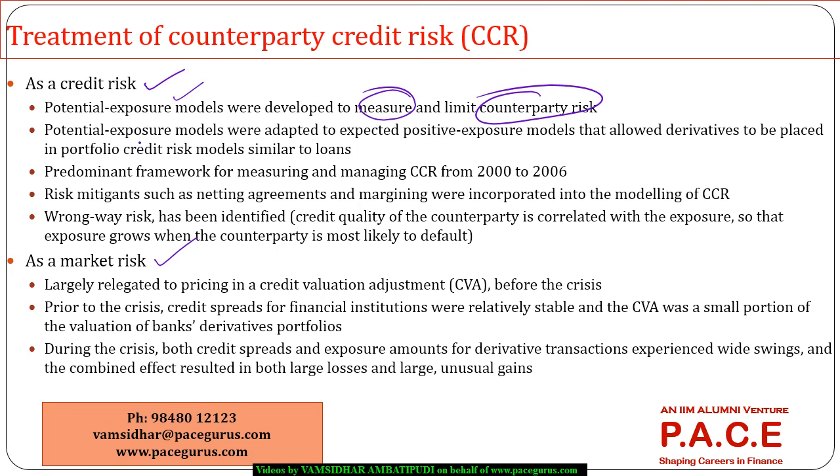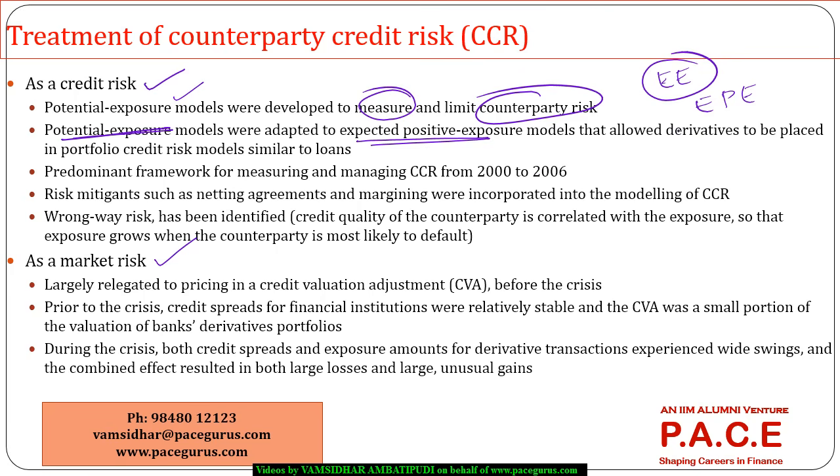And because these models are based on the potential exposure, we are also going ahead with expected positive exposure, right, where we are taking the weighted averages of the expected exposures to come out with expected positive exposure.